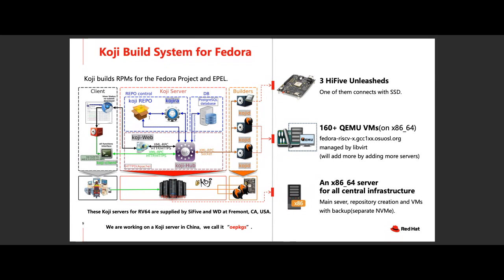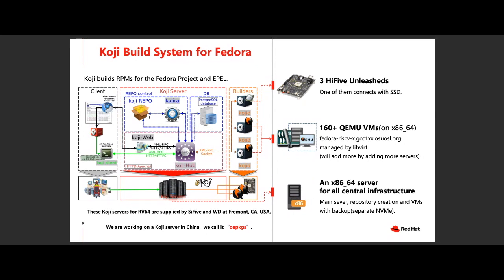You just upload the package to Koji, and Koji will hand this package to different builders. All the builders share the same repo and the same build system, so they make a unified binary for all systems.